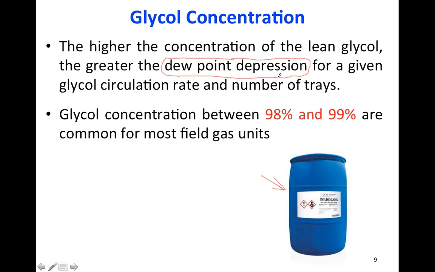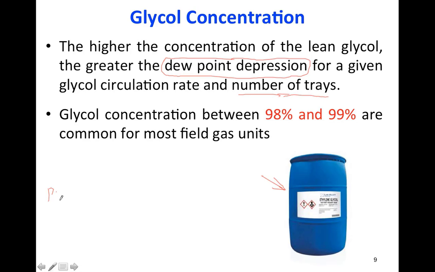As I already explained in the previous slide, what is dew point depression? It means we need less glycol circulation rate, or less glycol in general to be used, and fewer trays to do the same separation.